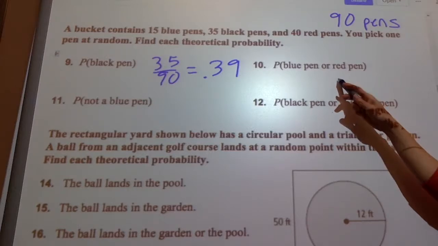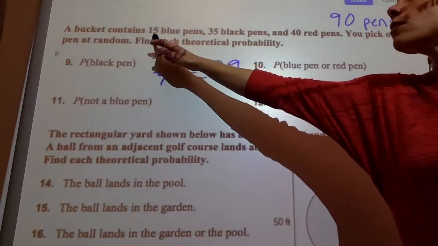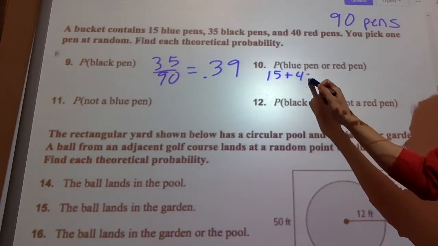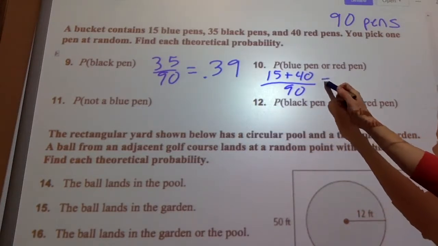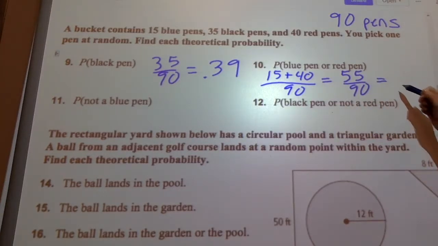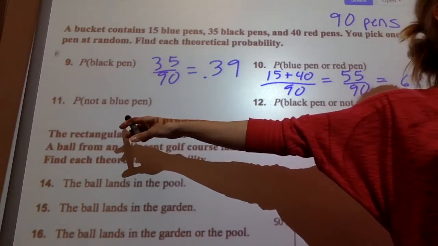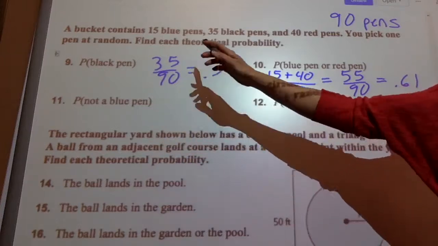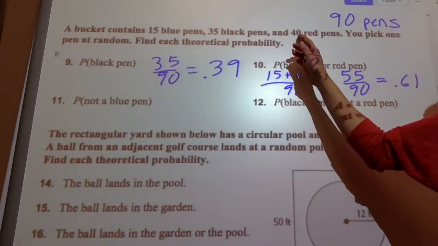What's the probability of blue or red? So in this case, what's my favorable? Blue or red, so that'd be 15 plus 40, which would be 55 out of 90, which is what? 0.61. Good. How about not a blue pen? So if I'm doing not a blue pen, what's that? Black or red.